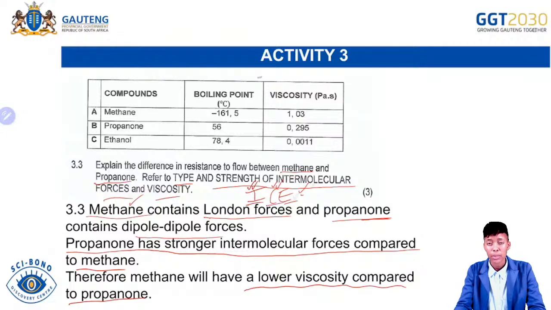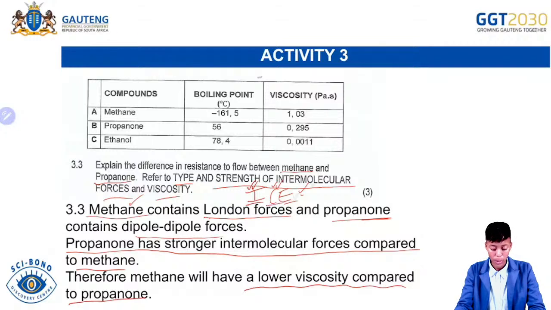But if they asked about the energy, then you were going to say more energy is required to overcome the intermolecular forces in propanol as compared to methane, or more energy is required to overcome the dipole-dipole forces as compared to the London forces.